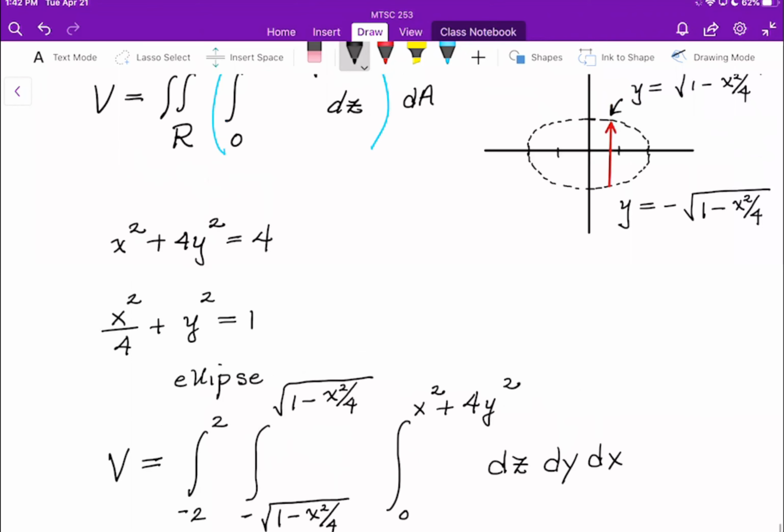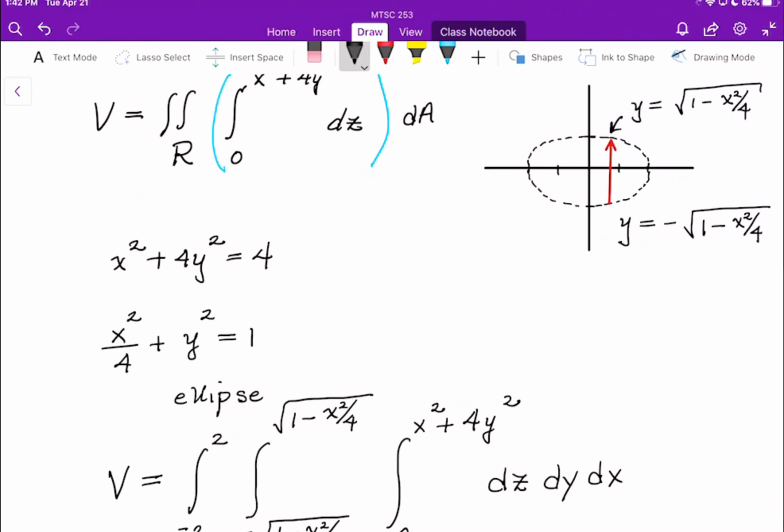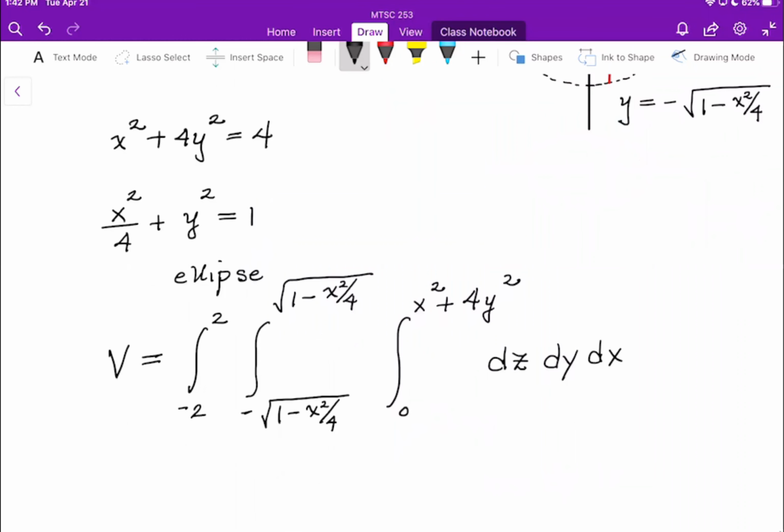And that becomes the volume. Not very easy to integrate. So a problem like that I would give you would be a setup, but do not integrate. Okay, so that one would say set up, but do not integrate.